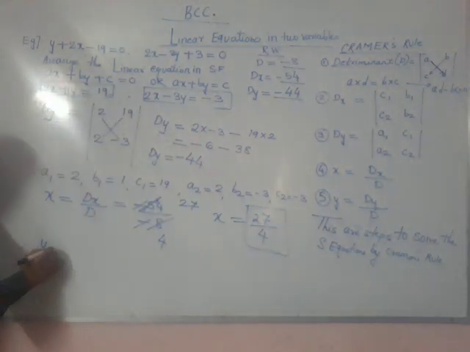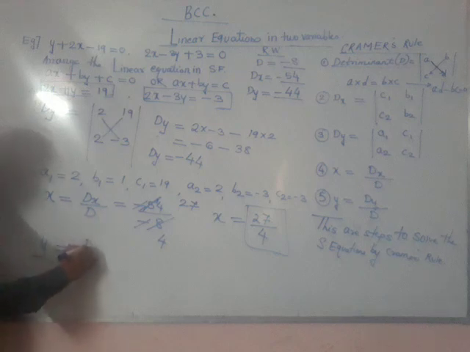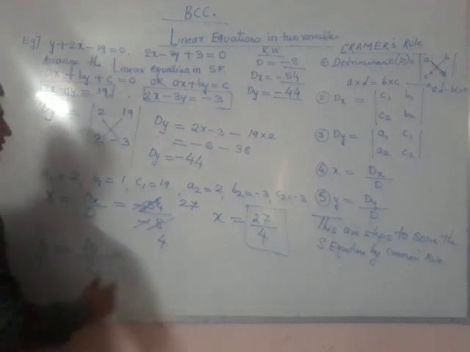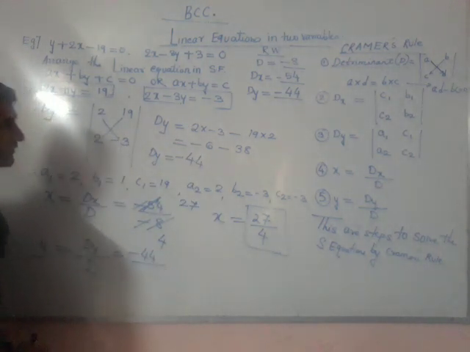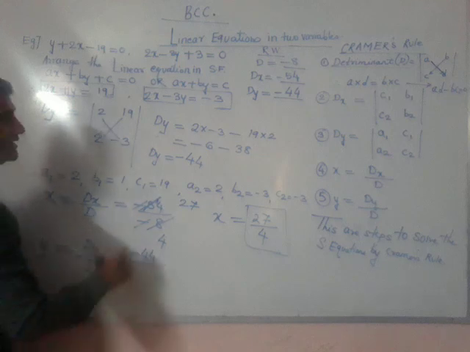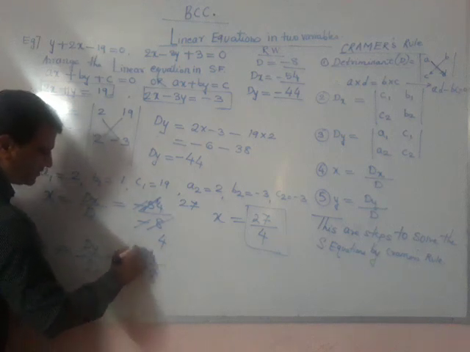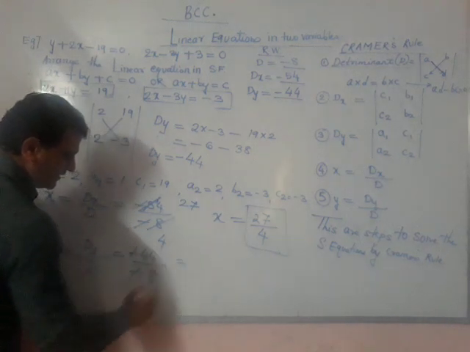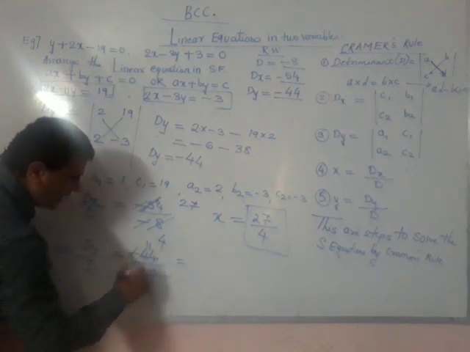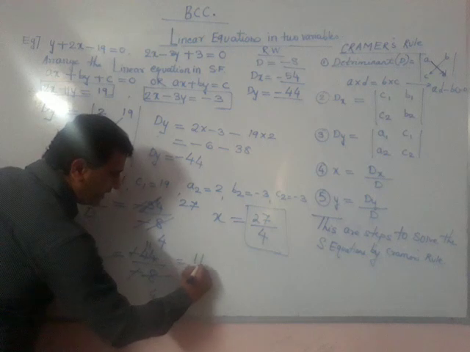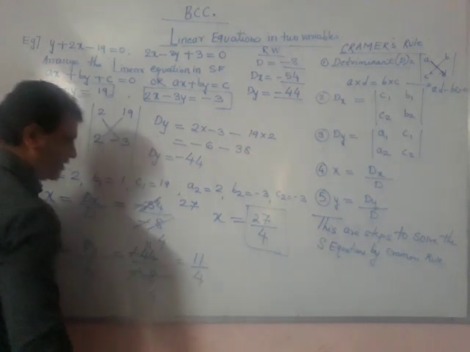Now let us calculate y. Y is equals to determinant y upon determinant. So what is determinant y? -44 upon, and d is -8, minus plus. फिर से 2 से इसको रिड्यूस करेंगे. 2 4s are 8, 2 11s are 22. So your final answer is 11 upon 4.